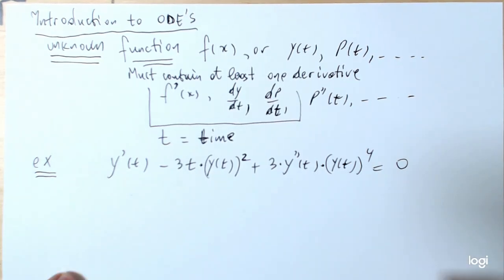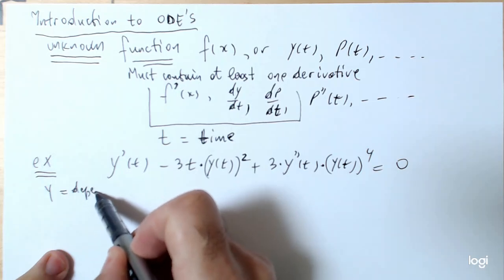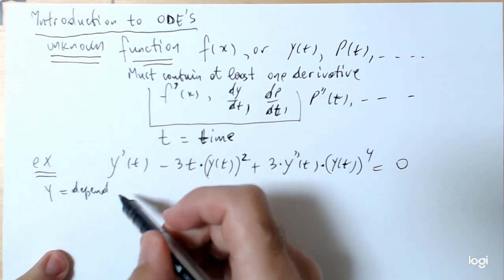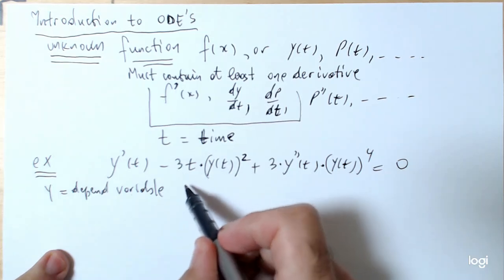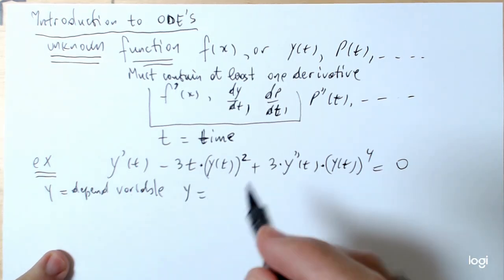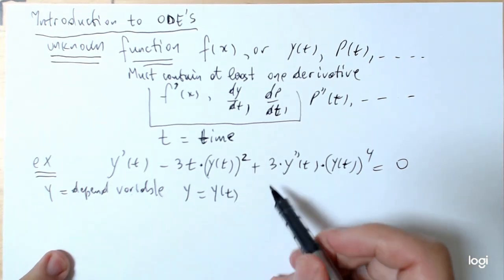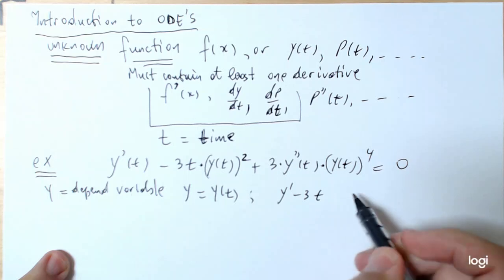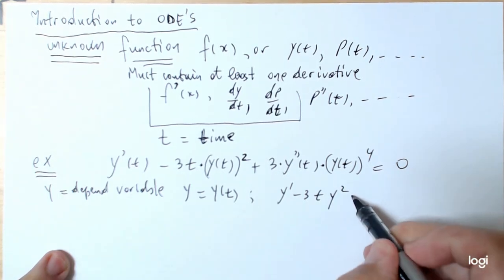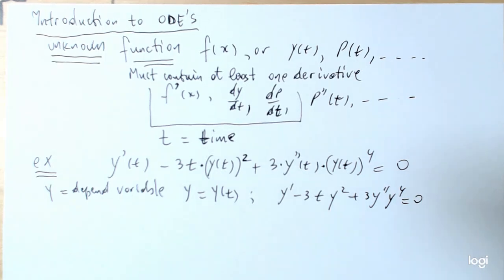So if we know that y is the dependent variable, this is how this unknown function is also called, then we know that y doesn't stand by itself, it's just a shortcut for y of t. Then we can rewrite the above equation without mentioning y of t all the time, and it's more compact and pretty straightforward.